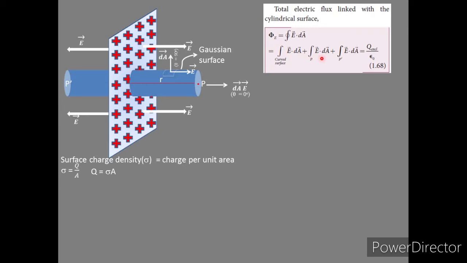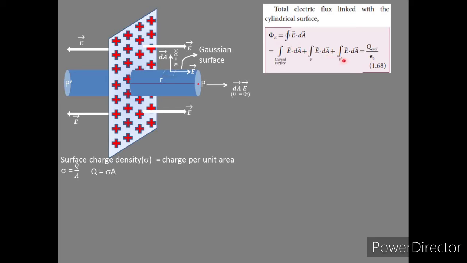Okay, and as I told you already, the first integral term, which represents the curved surface integration, will be cancelled because there won't be any flux crossing through the curved surface. So no flux lines will be emanating along the curved surface. So therefore the total flux will be 0.